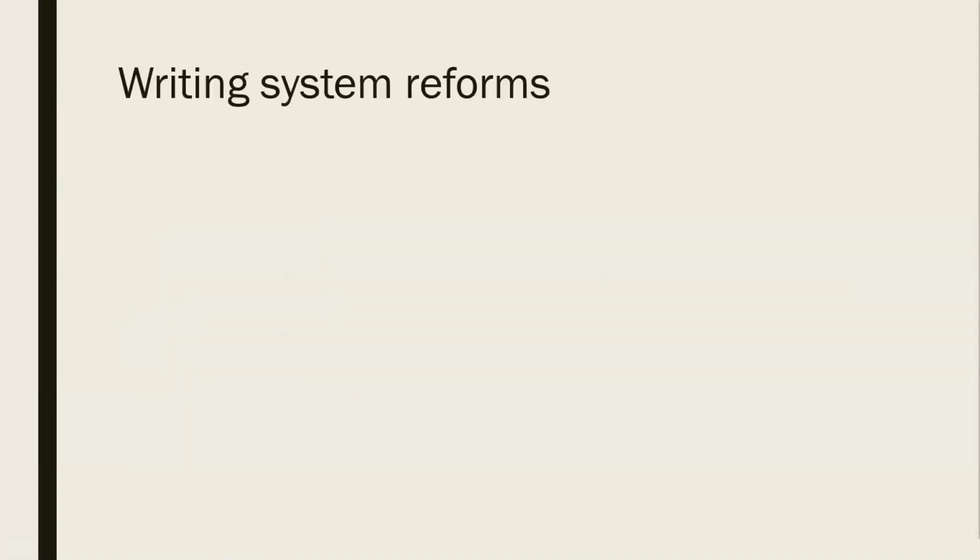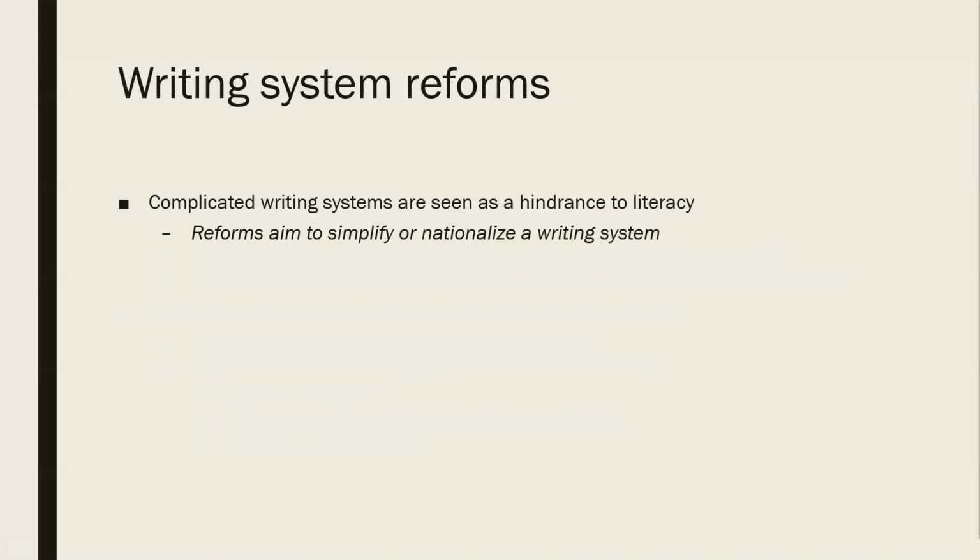We also talked about some major writing system reforms which have been implemented, and looked for patterns among them. So we've seen how very often complicated writing systems are seen to be hindrances of literacy. And so very often reform efforts will be made to try to simplify or to nationalize a writing system.